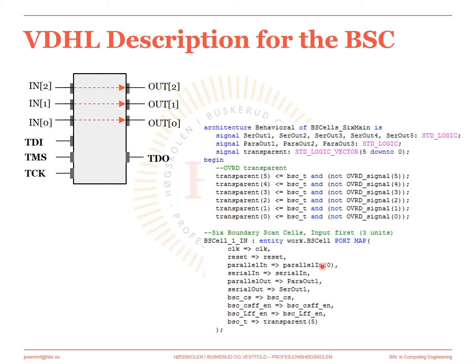For example, the transparent signal checks if the BSC-T is 1 and the override signal is 0, meaning that it checks whether or not an override signal forces another output mode to be given. The code shows the port map for the first out of 3 input cells and the 3 output cells that follow.